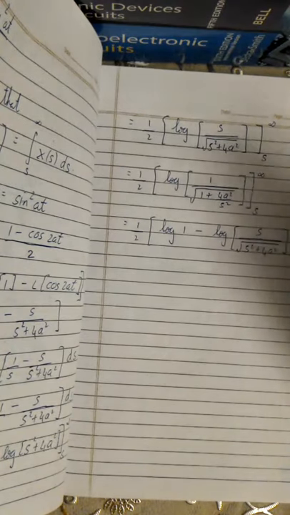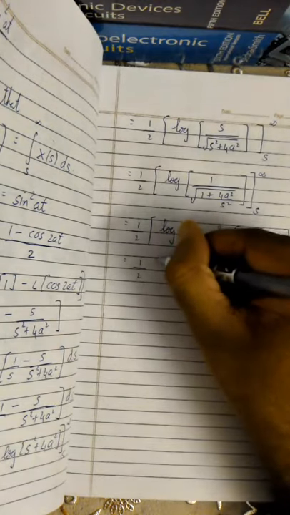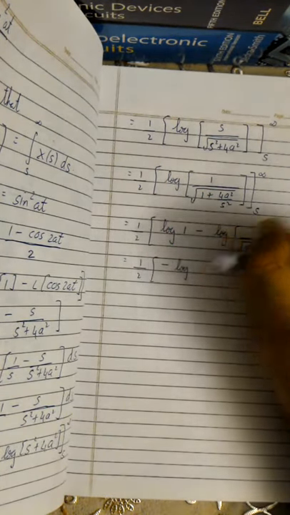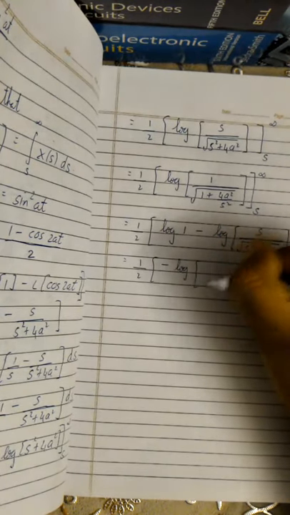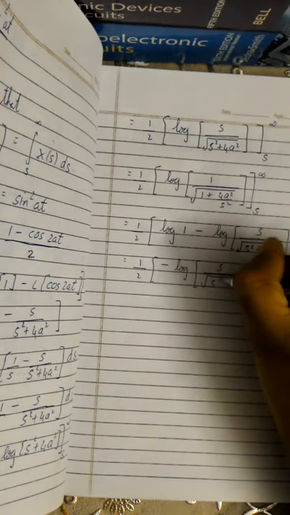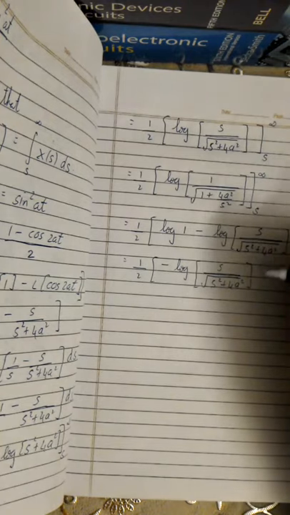We know that log 1 is 0, so this is nothing but minus 1 by 2 into minus log s by root of s square plus 4a square.